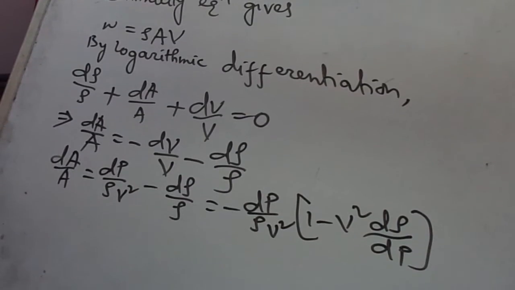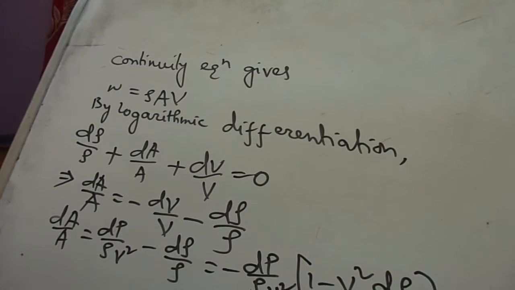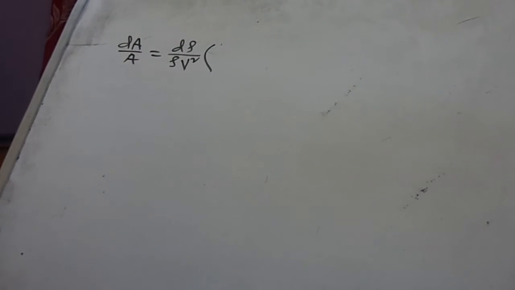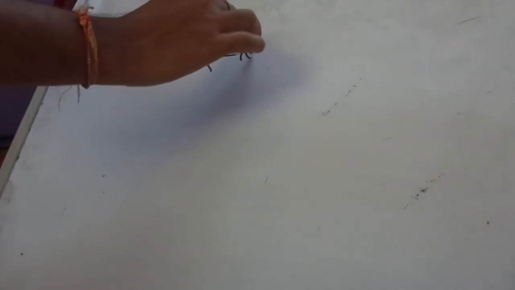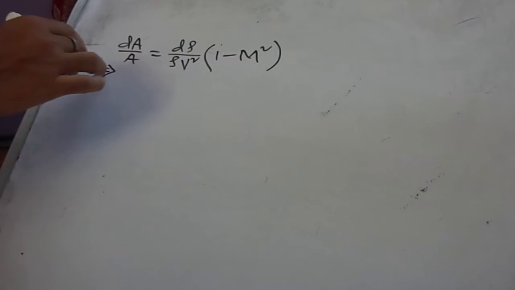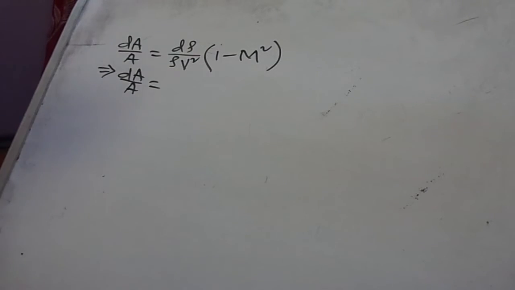So that is the dA by A. Therefore you may write dA by A is equal to (M square minus 1) dV by V.